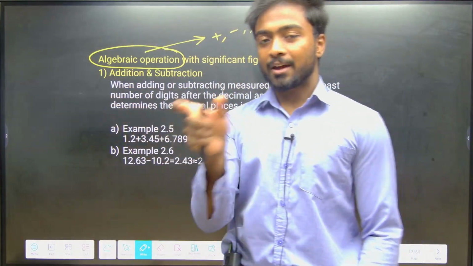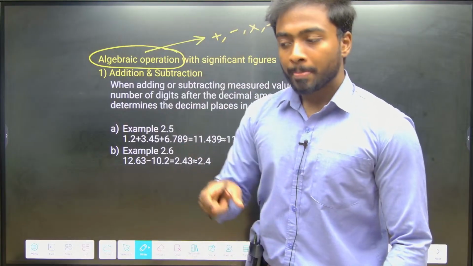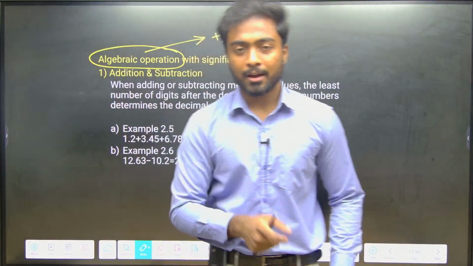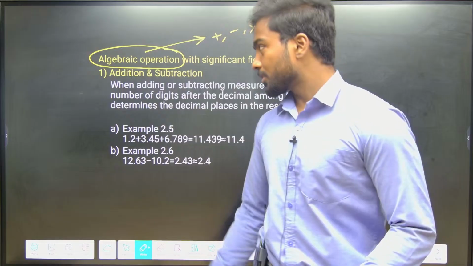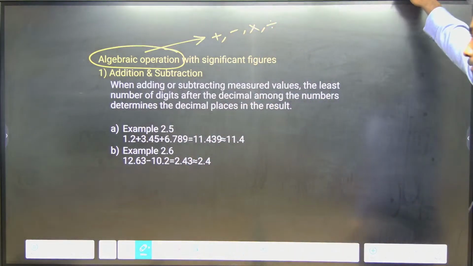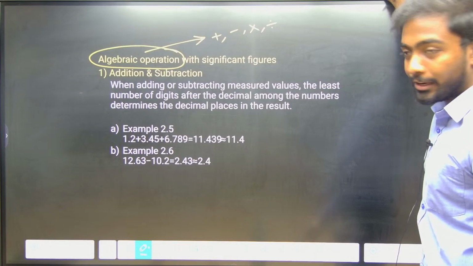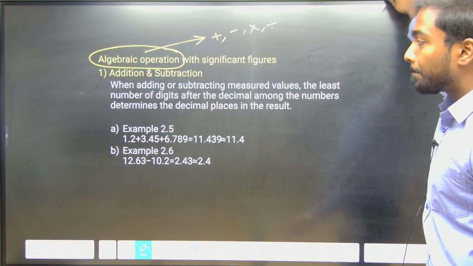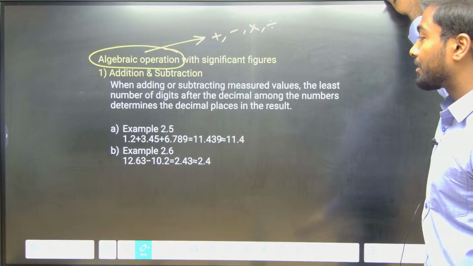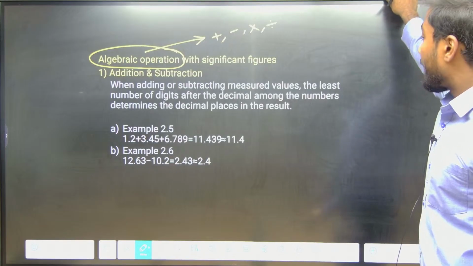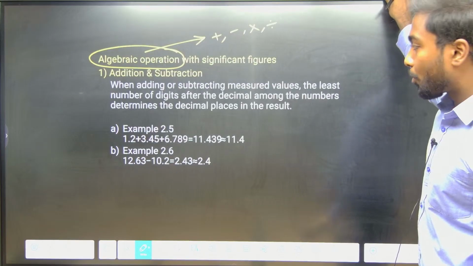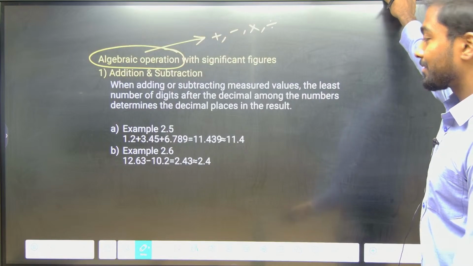Addition and subtraction have a similar rule, and multiplication and division have a similar rule. The first one is addition and subtraction. When adding or subtracting measured values, the least number of digits after the decimal among the numbers determines the decimal places in the result.